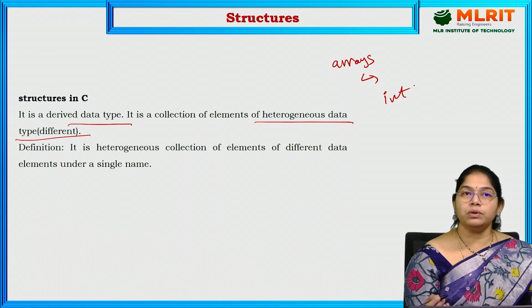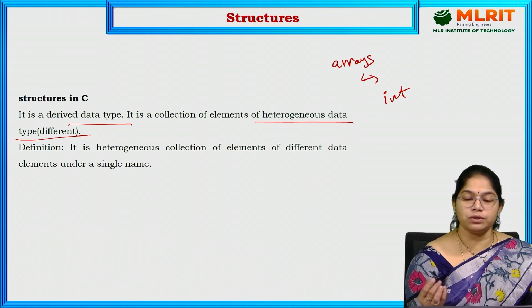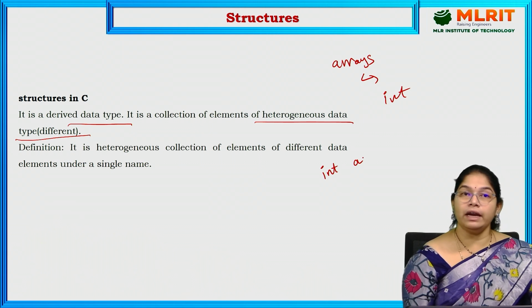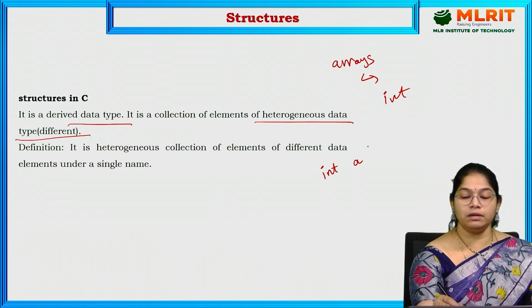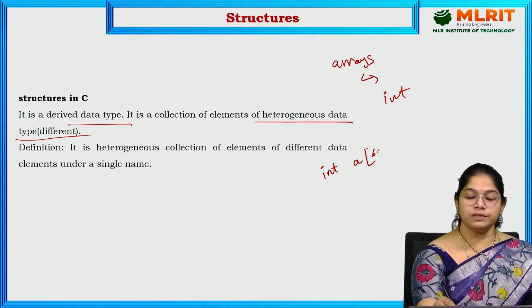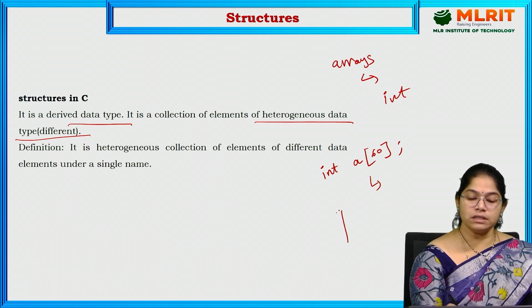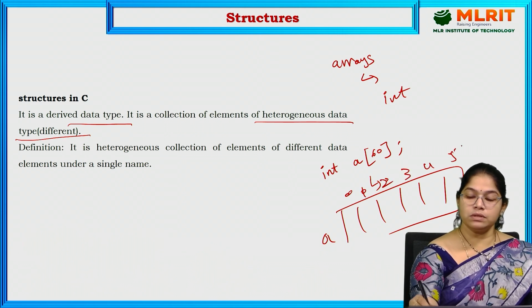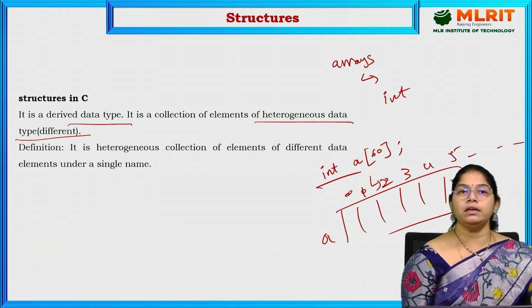So we use an array to store the 60 values. Now, this array can store values of type integer only.